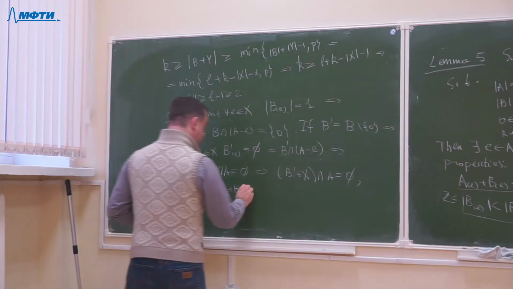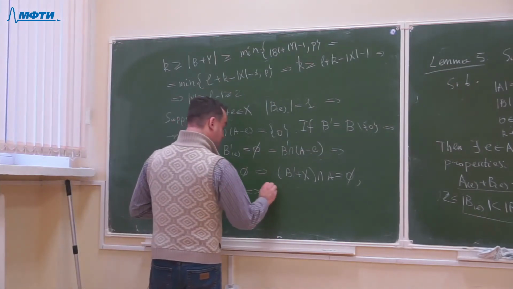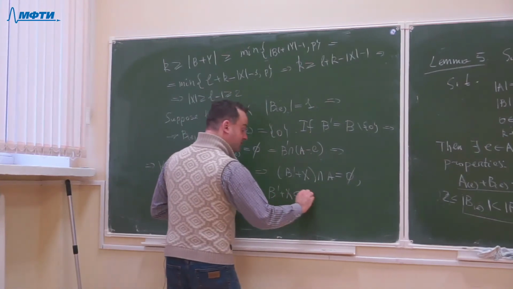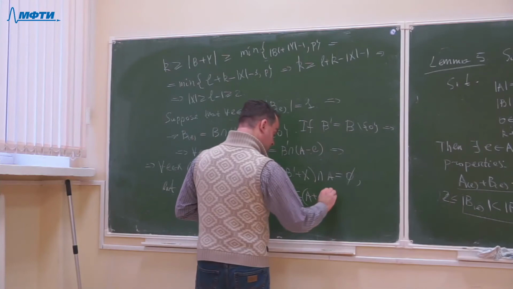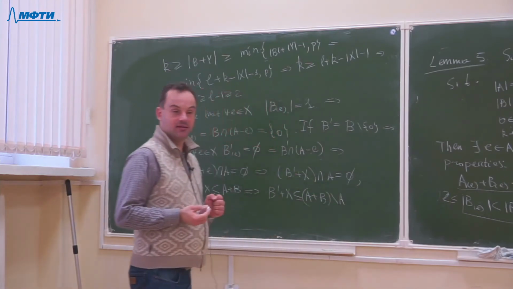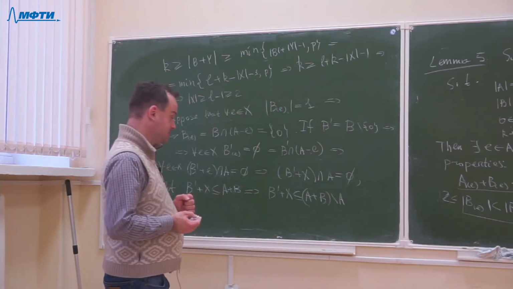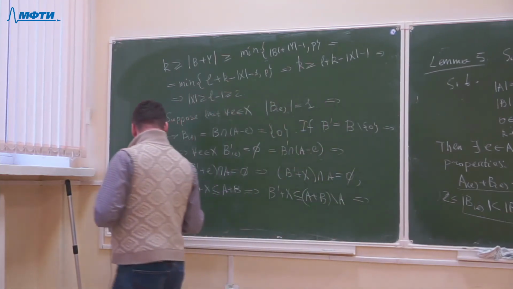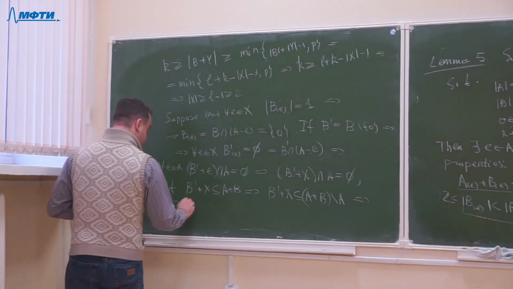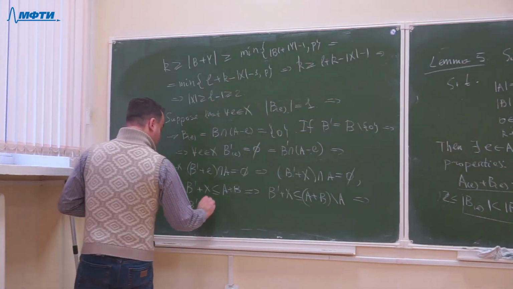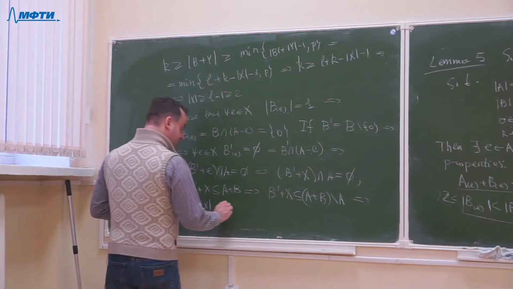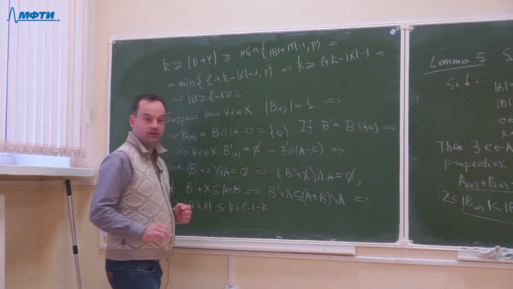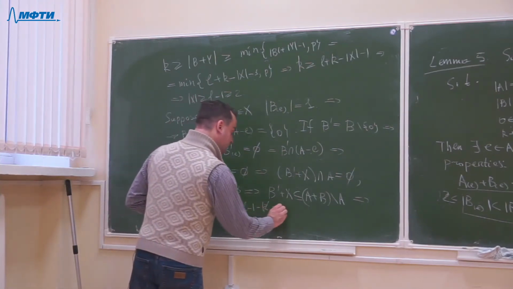So B prime plus X is a subset of A plus B without A, right? And we have a much better upper bound for B prime plus X. The upper bound is K plus L minus 1 minus K, which is L minus 1.